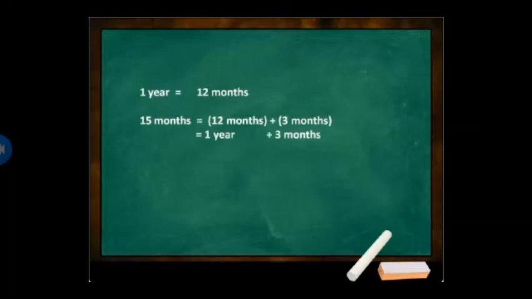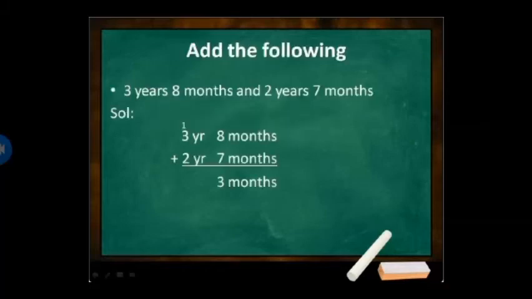So 12 months is equal to 1 year plus 3 months. When you add 8 plus 7 months, you will get 3 months, and 1 year you are going to carry to the years column. So 1 plus 3 plus 2 is equal to 6 years. So the answer is 6 years, 3 months.